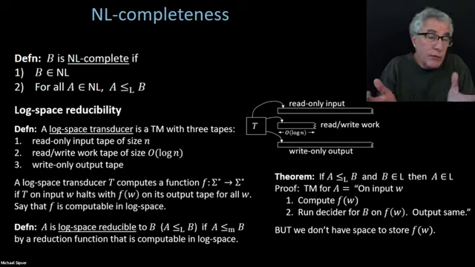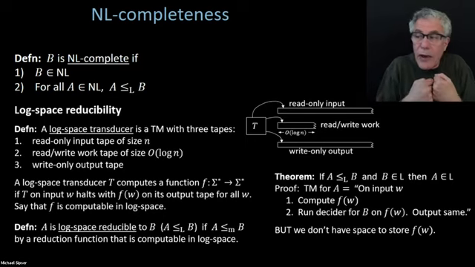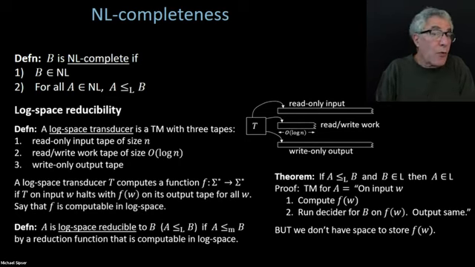I think the better way to think about it is every time that the decider for B needs another symbol, we start the transducer over again, and just throw away everything except for that one symbol output that we need.